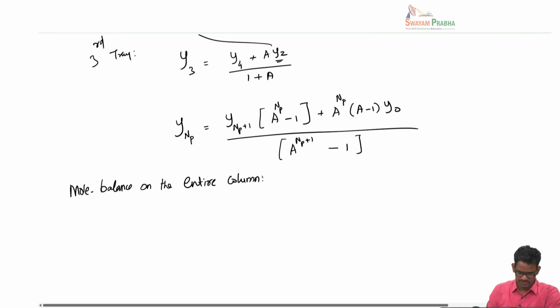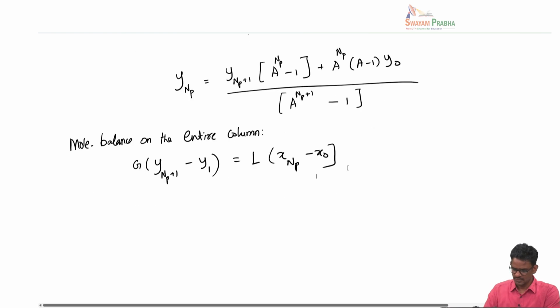Okay, so you will see this becomes G times (ynp plus 1 minus y1), that should be equal to L times (xnp minus x naught). And like before, we will replace this with the equilibrium line, as ynp by m minus y naught by m.